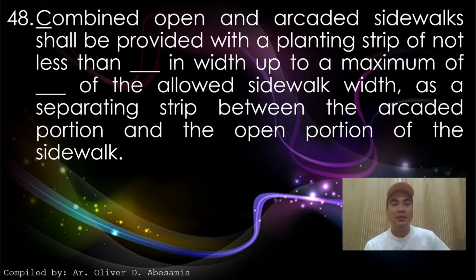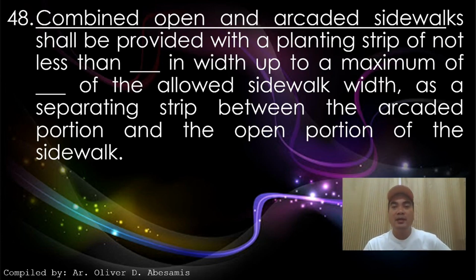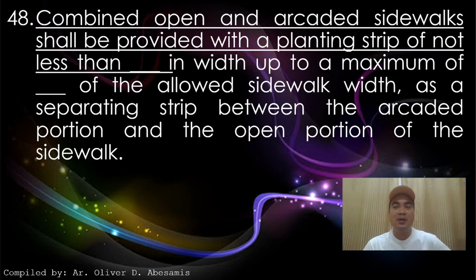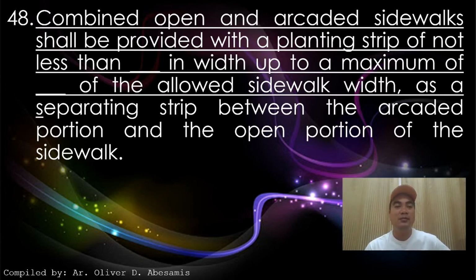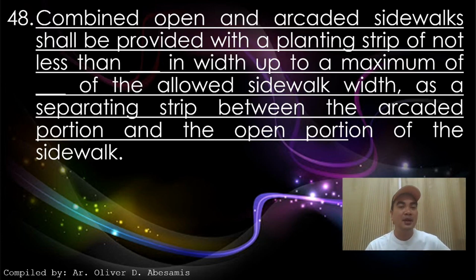48. Combined open and arcaded sidewalks shall be provided with a planting strip of not less than blank in width up to a maximum of blank of the allowed sidewalk width as a separating strip between the arcaded portion and the open portion of the sidewalk.